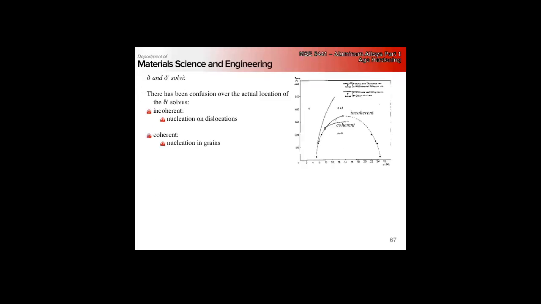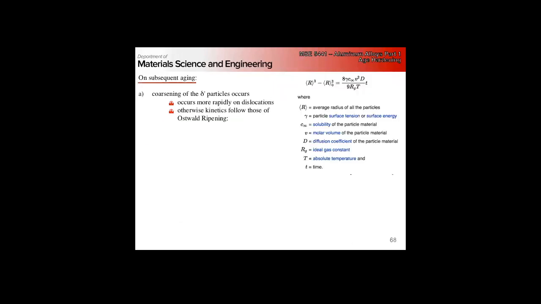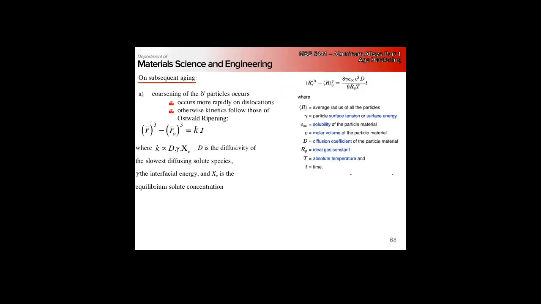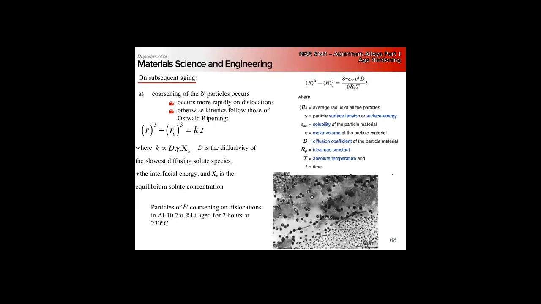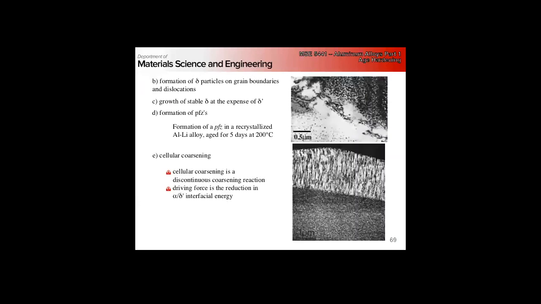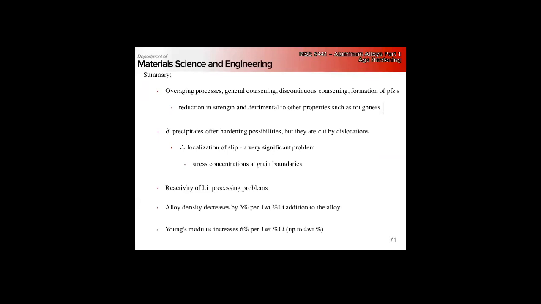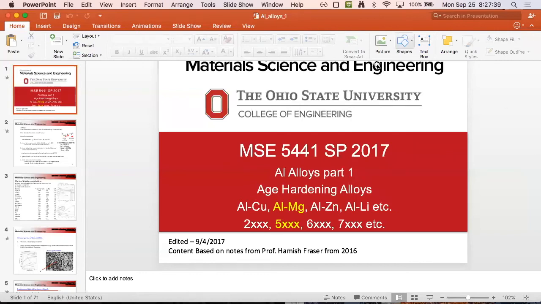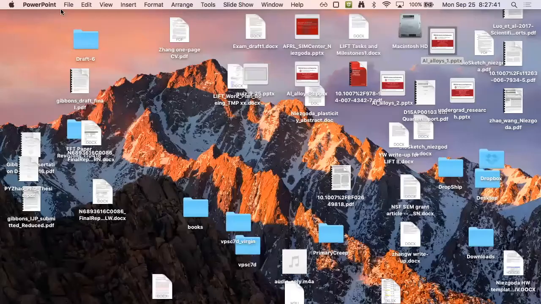The specifics of the individual alloys are not going to be super important. Ostwald ripening is the growth of large particles at the expense of small particles. So that's basically the end of the first age hardening.